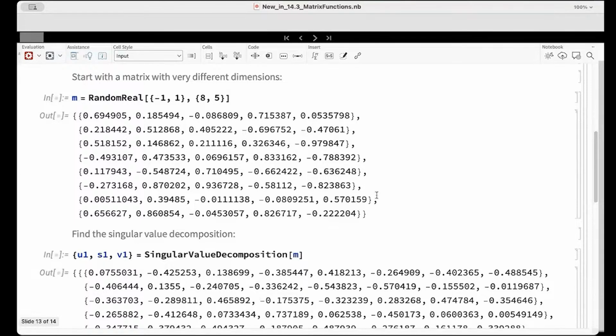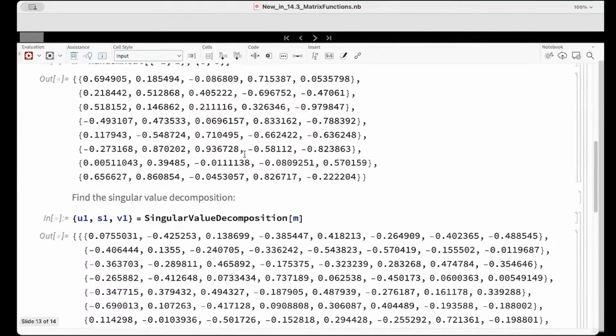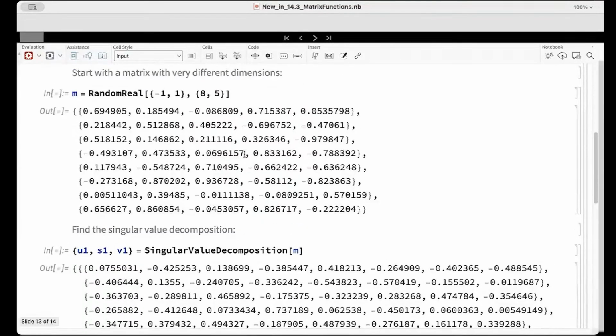And that can be inconvenient because of necessity, the maximal rank it can have is that of the smaller dimension. That's how matrices work. And so I'll show in an example here, but I picked an 8 by 5, which is taller than wide, although not by a huge amount.